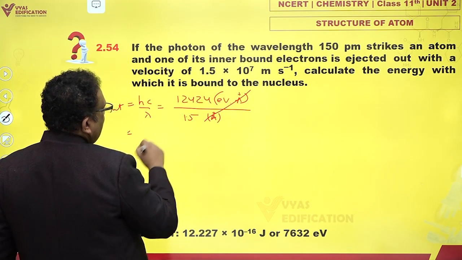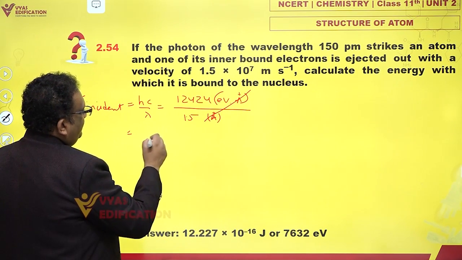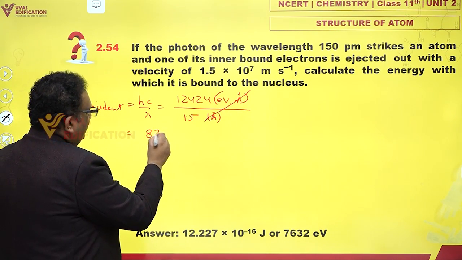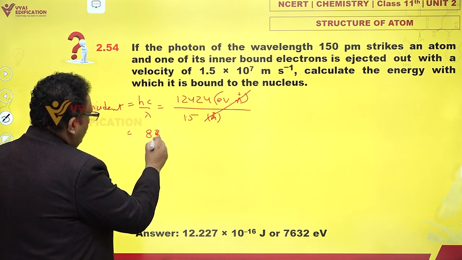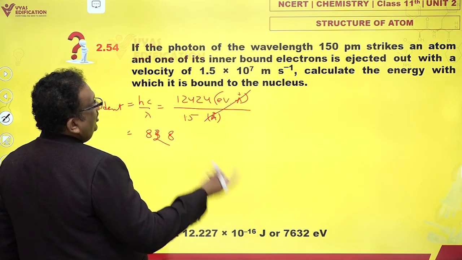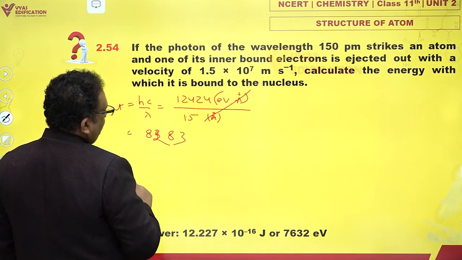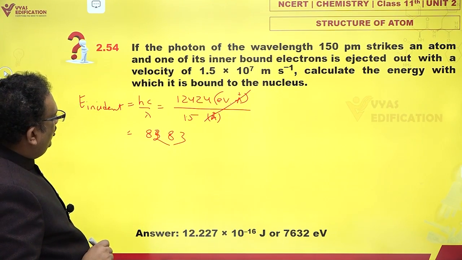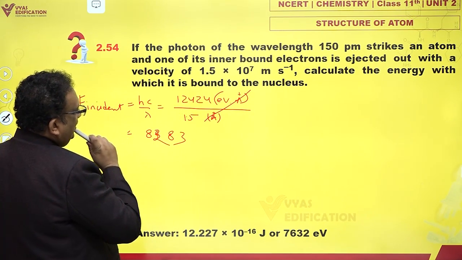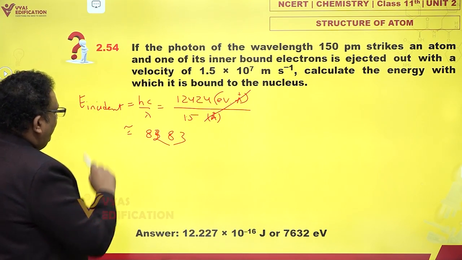How much? Well, this would be 12424 divided by 1.5, roughly 8,280, wait, 12424 by 1.5 is roughly 8,000 something.